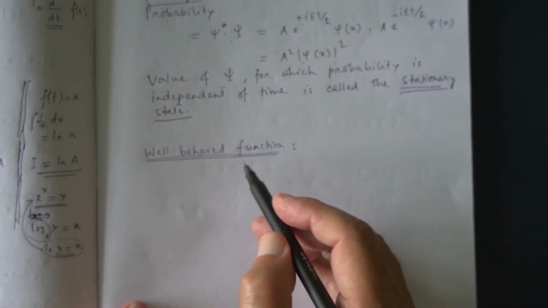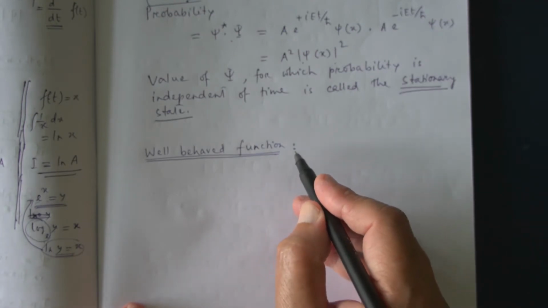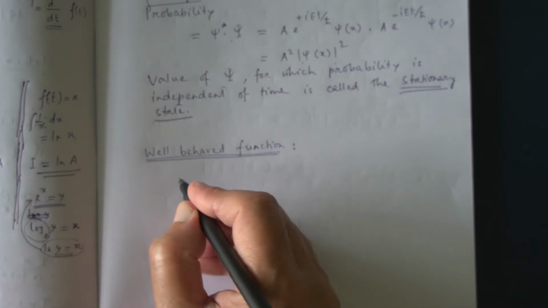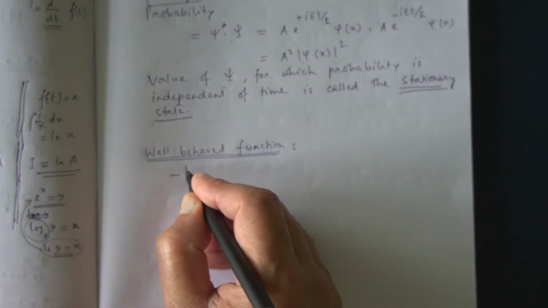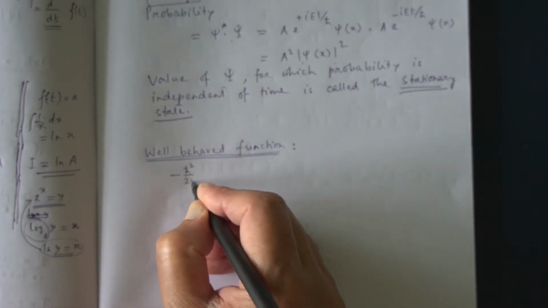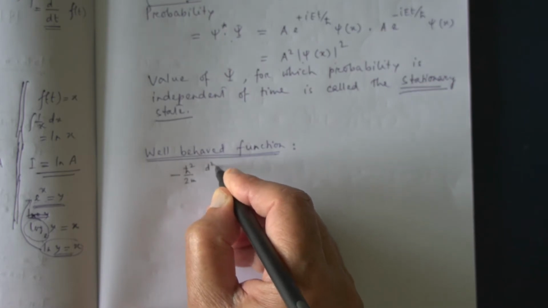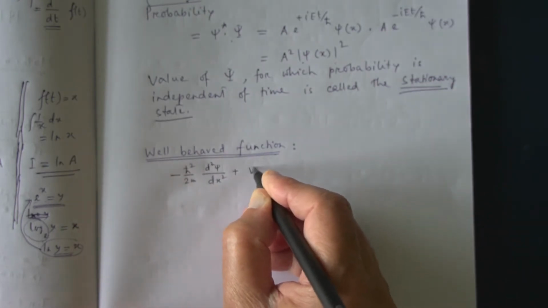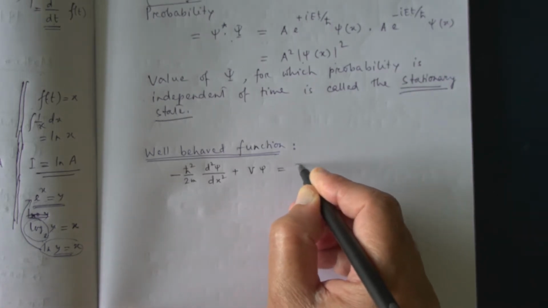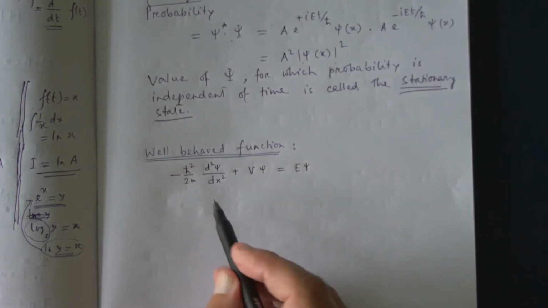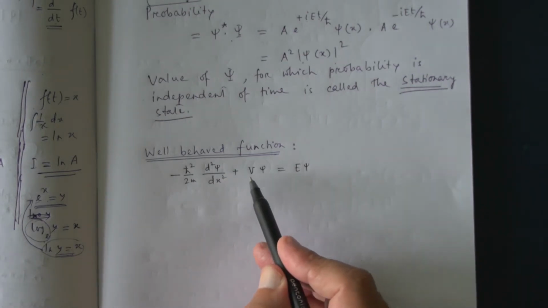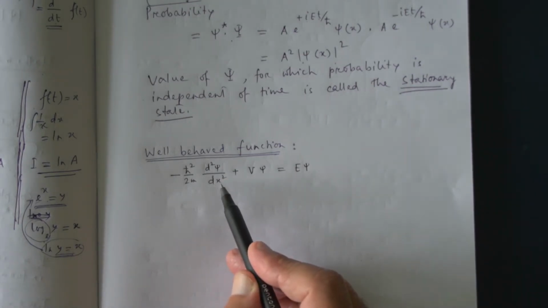Now let us talk about well-behaved function. We have seen that Schrodinger's time independent equation in one dimension is this. This is the Schrodinger's time independent equation in x dimension.